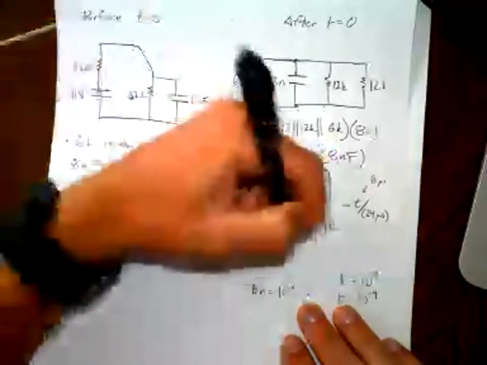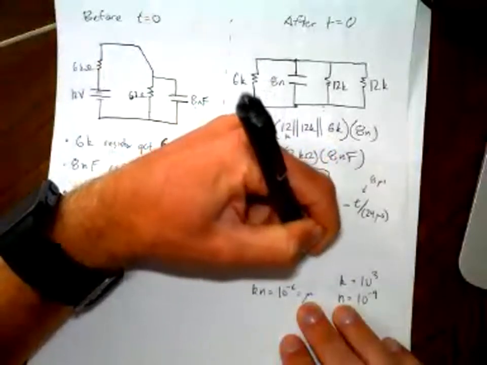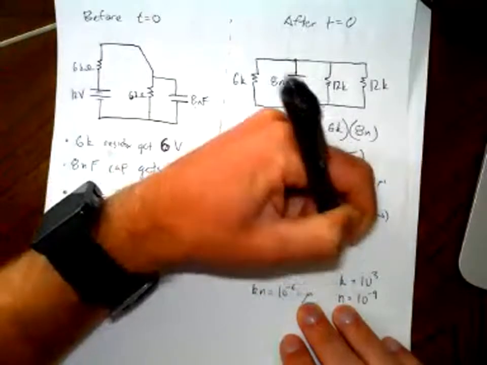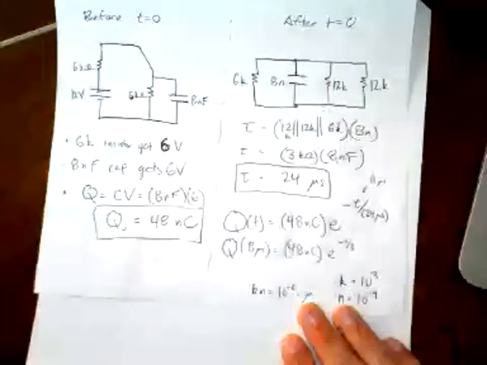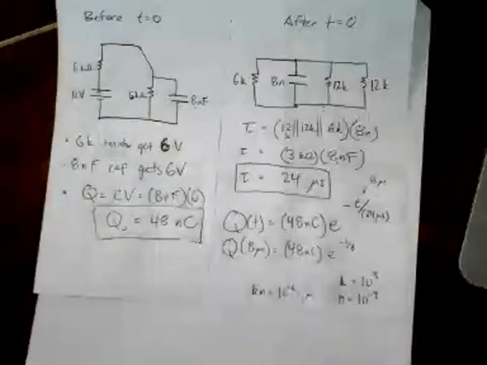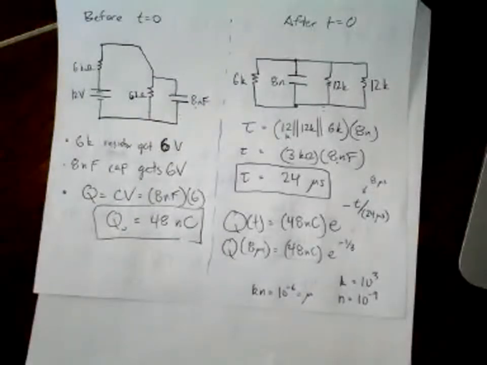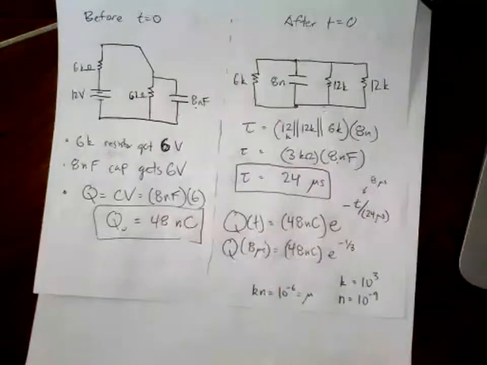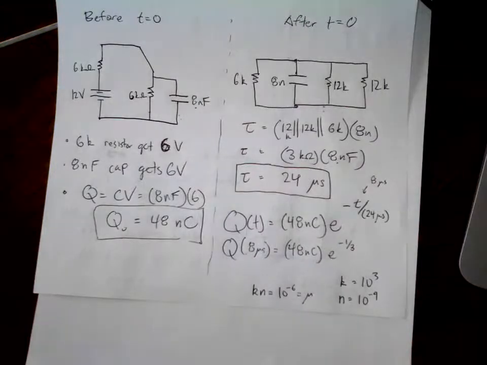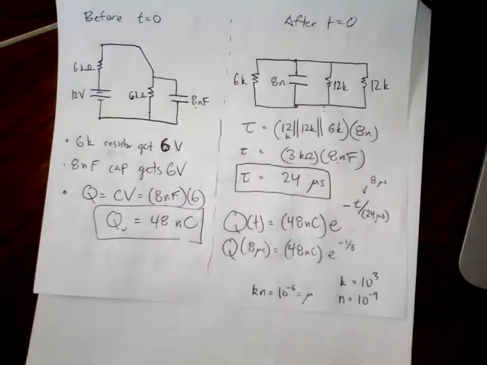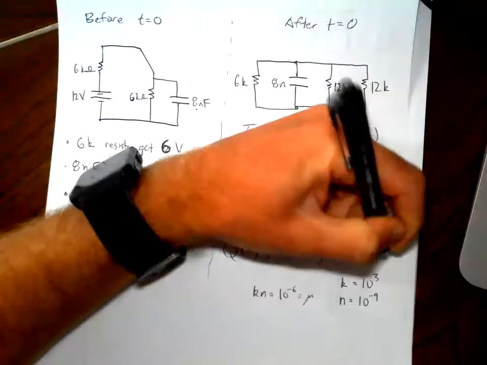So I would have 48 nanocoulombs times E to the minus 1/3. Let me put that into my calculator. 48 E to the minus 1/3 gives nanocoulombs.